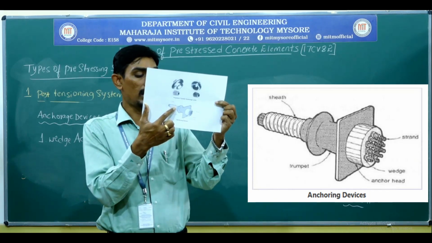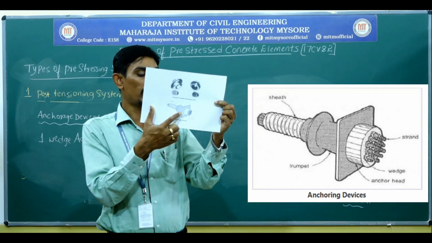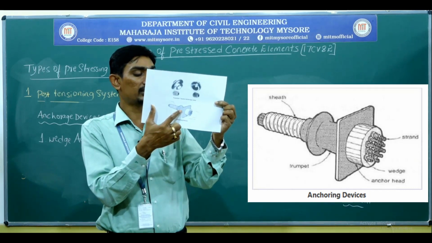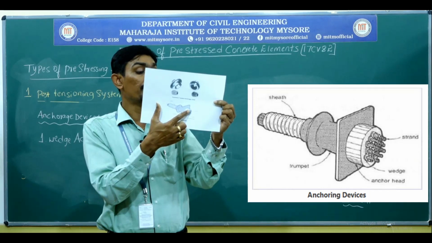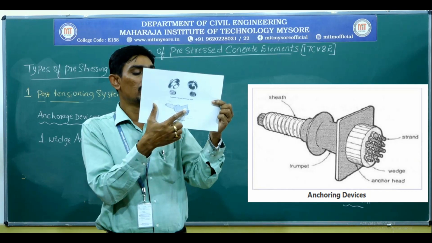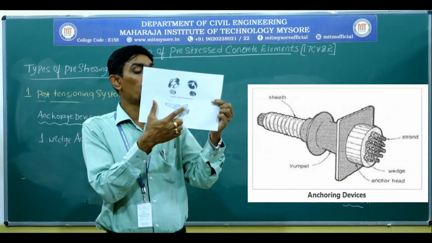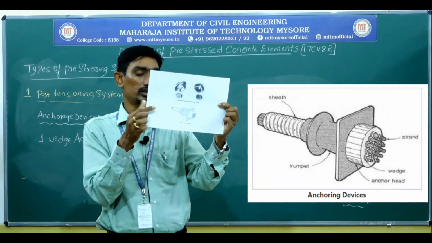And this will be the trumpet, and this will be called the end plate. Whatever has been connected to this end plate is called wedges. So these wedges will be used to anchor the number of wires or the tendons.